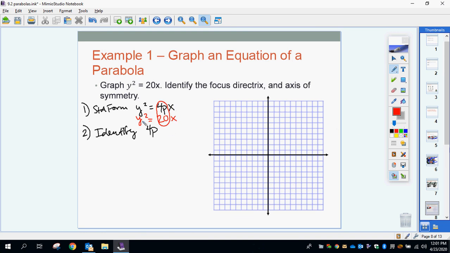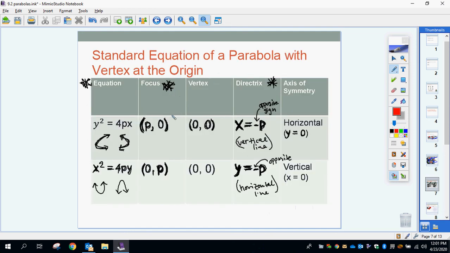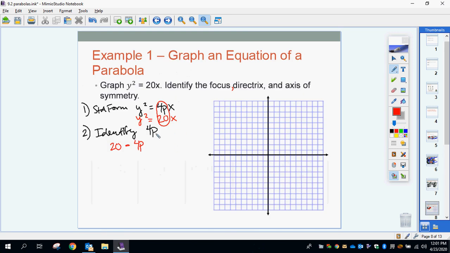There's the x, there's the y squared. That must mean 20 is 4P. So if 20 is our 4P, what is our actual P? Because we can't identify the focus or the directrix without knowing what P is. So that's our main goal, to identify the P. We're going to have to get P by itself by dividing by 4. 20 divided by 4 is 5. So that's a key piece of information right there.